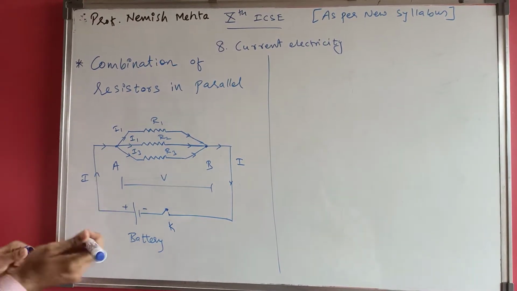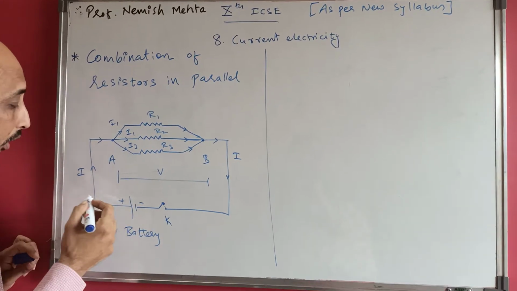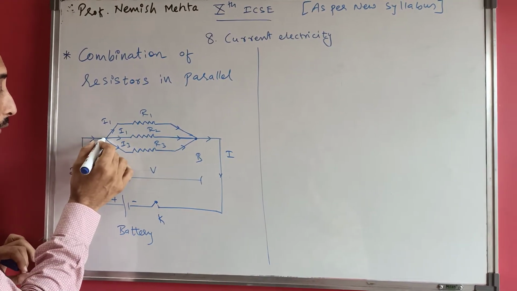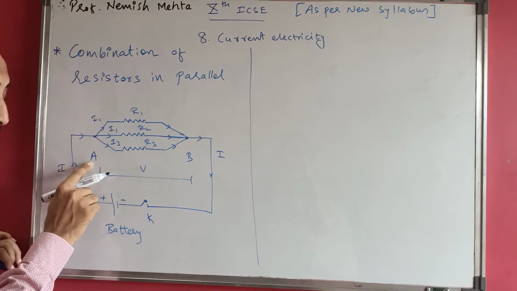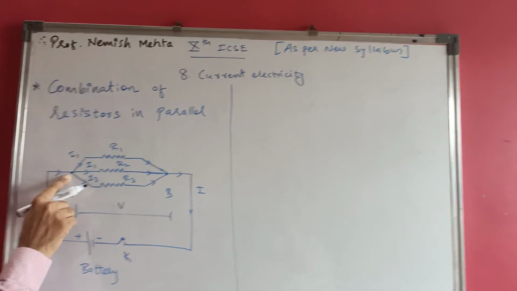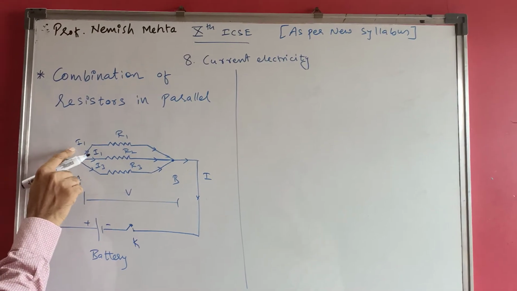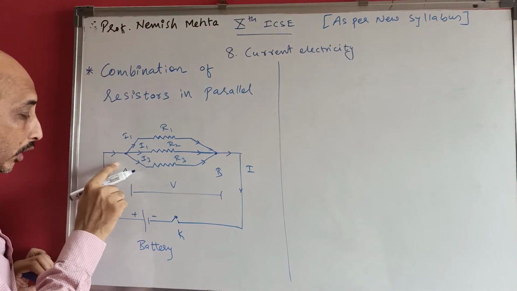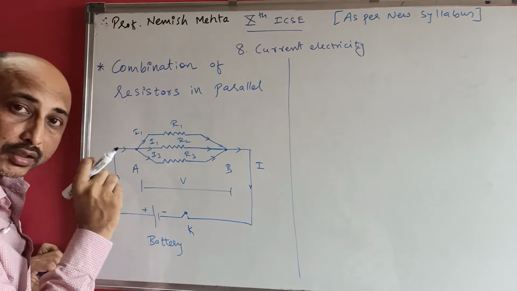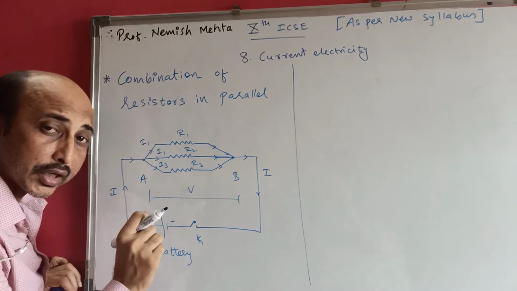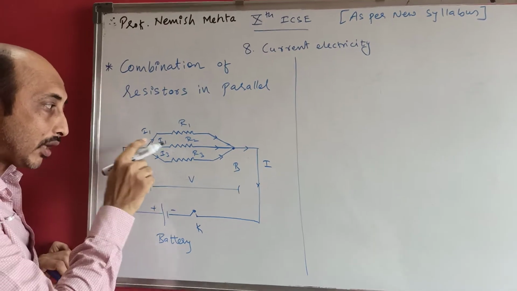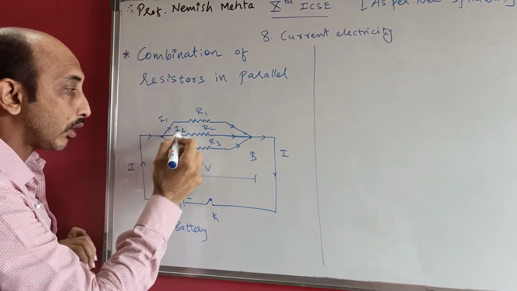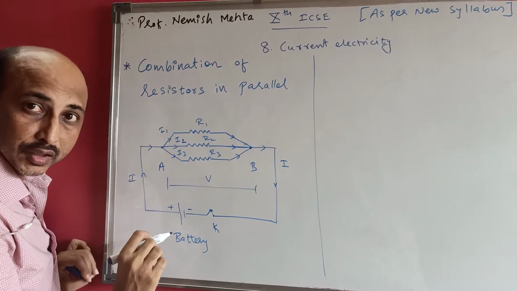The most important thing is when this switch is on, current will flow through the circuit. When current arrives at this point A, it has three paths to move. So current will be distributed from point A as I1, I2 and I3 respectively.